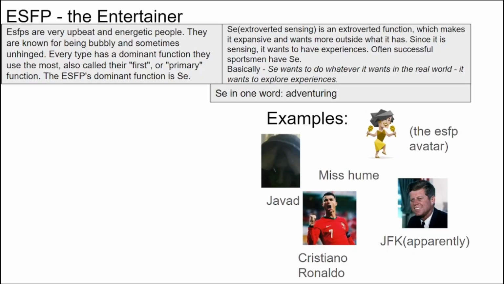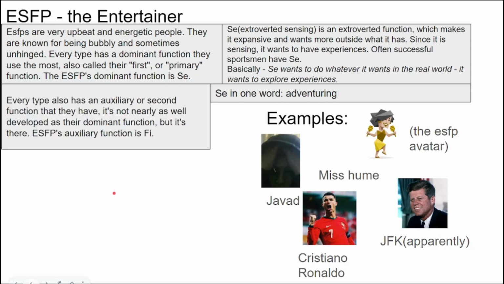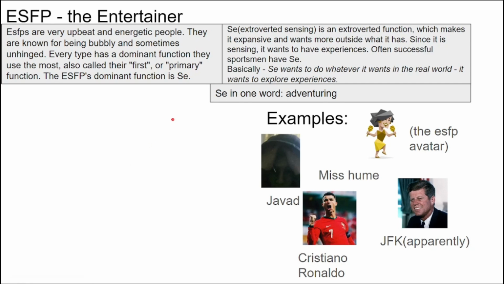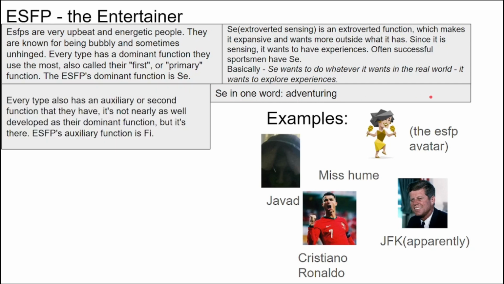I've got Se in one word here as well: adventuring. I don't think I have one word for any of the other slides. I must have just forgotten I was doing this.